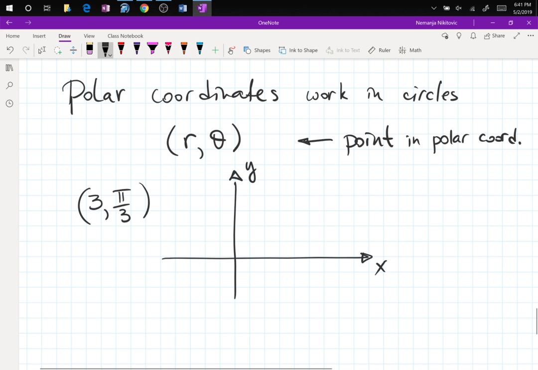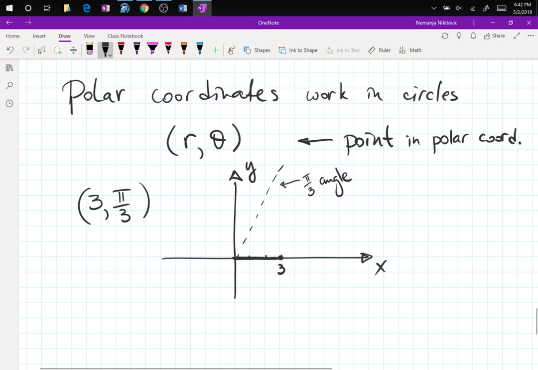The first thing you do is go out to positive 3 on the x-axis. That's your first order of business, to graph your either positive or negative r on positive or negative x. Then you determine where your angle pi over 3, which is 60 degrees, is. We'll say that's somewhere over here. So that's the pi over 3 angle.